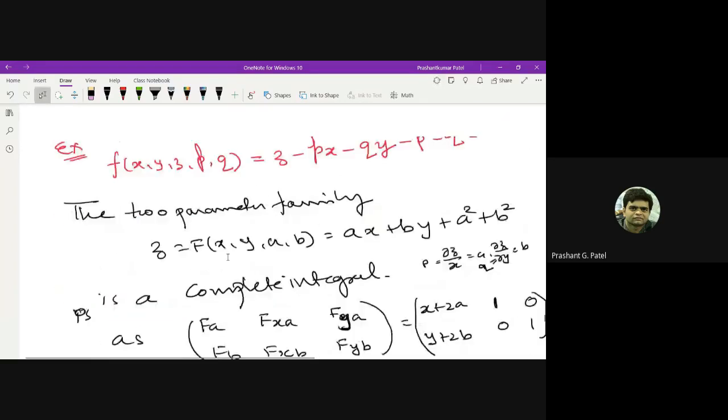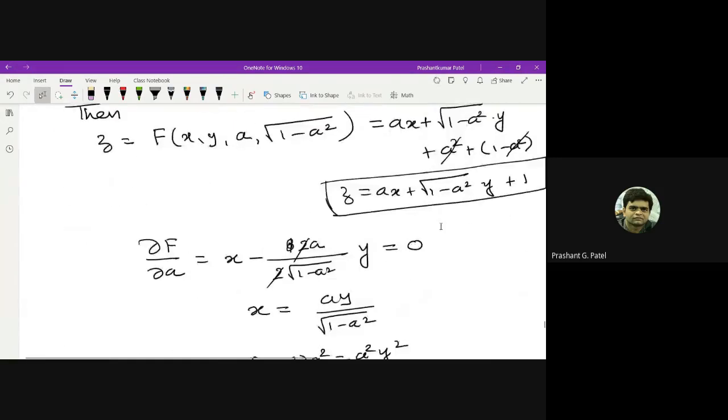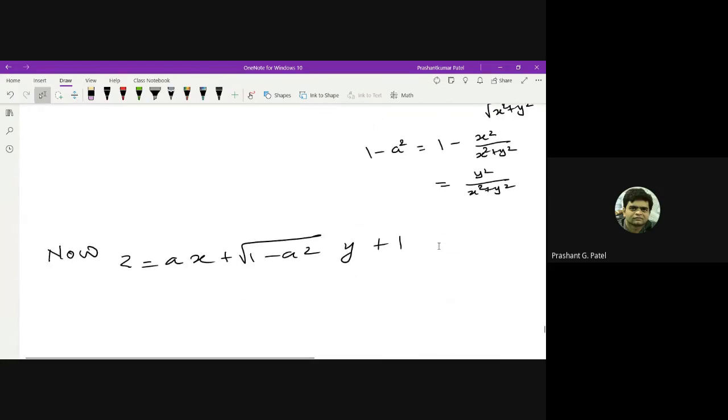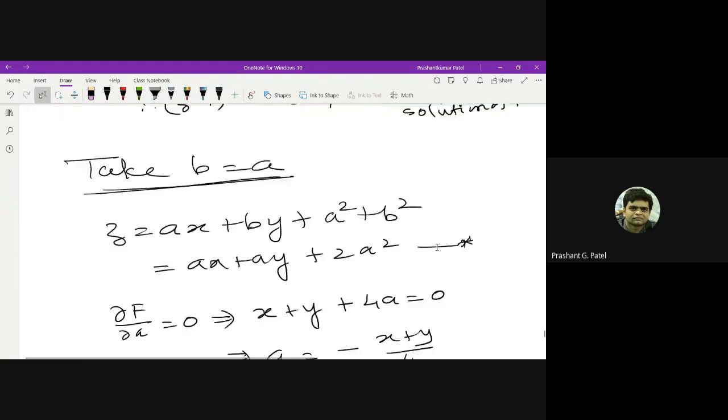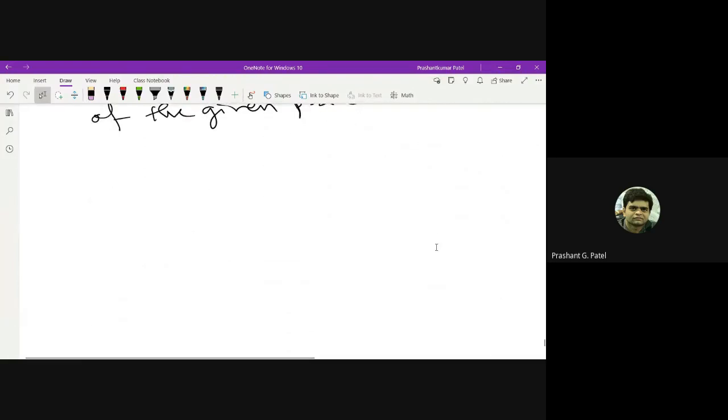A singular integral means to obtain the value of a and b both. That is known as a singular integral. So we have talked about the complete integral for this. We have talked about the general integral for that. Now we need to talk about a singular integral for that. So for that, these are the particular integrals. Now we'll talk about the singular integral.